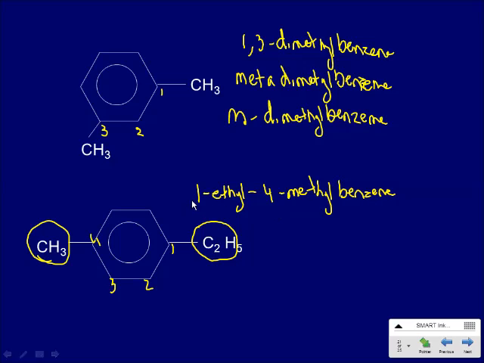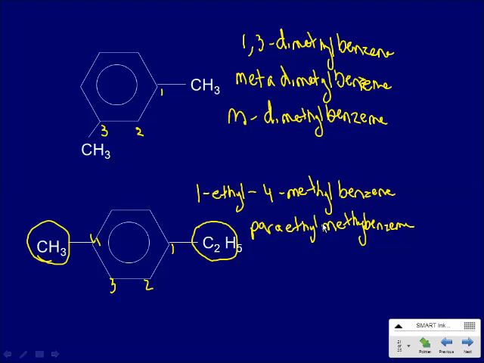So just like before, each branch gets its own number, right? And the alphabetical ethyls go first. This would be called para-ethyl methyl benzene. You just string it all together, right?